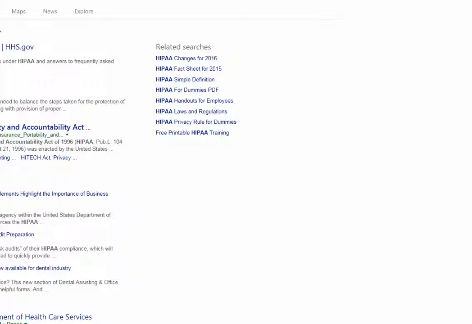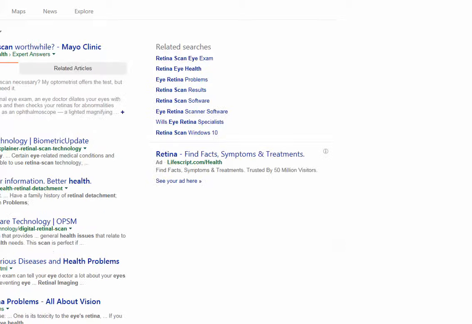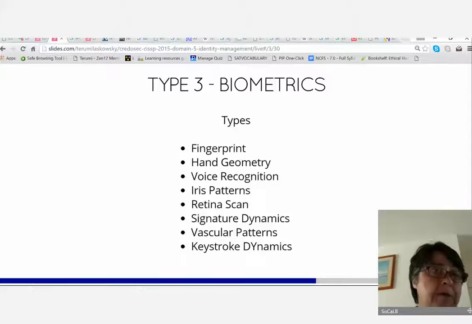Well, here's the answer. But you guys are right though. If you look at the retina, you can tell if the person has diabetes, if you are pregnant, if you have any other types of health thing going on with you. It shows up in your retina.